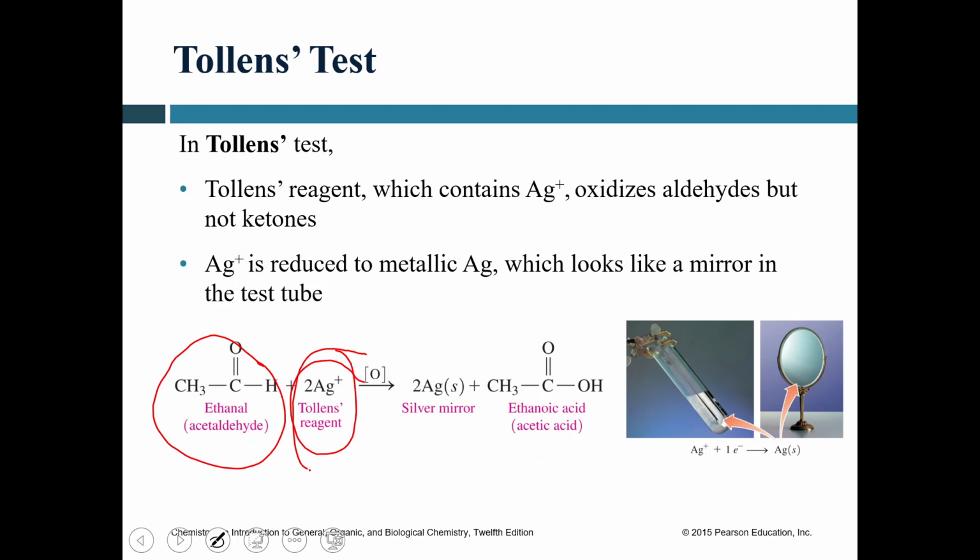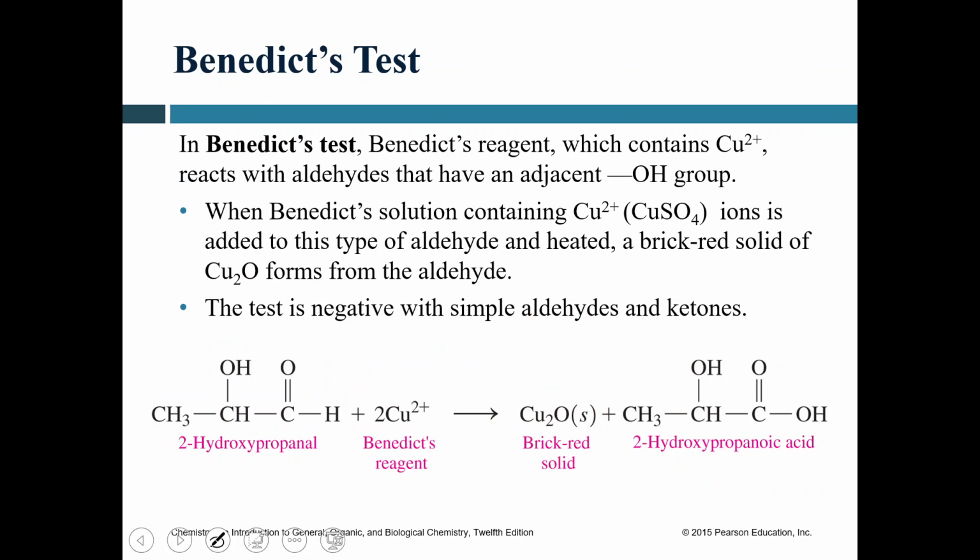Aldehydes reduce silver to metallic silver, and in the test tube it will look like a mirror. It's called the silver mirror reaction, which results in the production of acetic acid and silver precipitating on the walls of the tube.